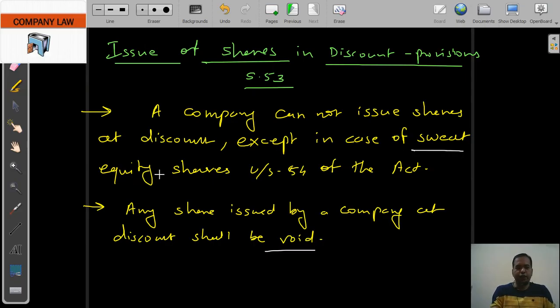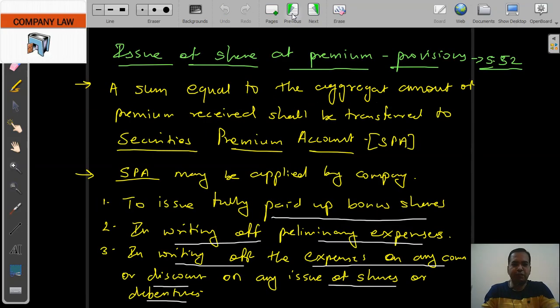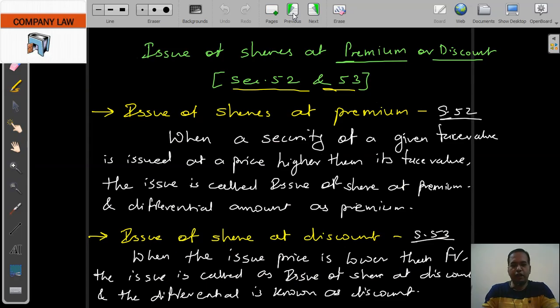Only sweat equity shares are allowed to be issued at discount. There can be some penalty levied on the company, and the company may have to repay the money, but these two points are important. I hope you have understood the provisions of issue of shares at premium and discount. So if the question is asked, you should be in a position to write it down. So please make note of this.